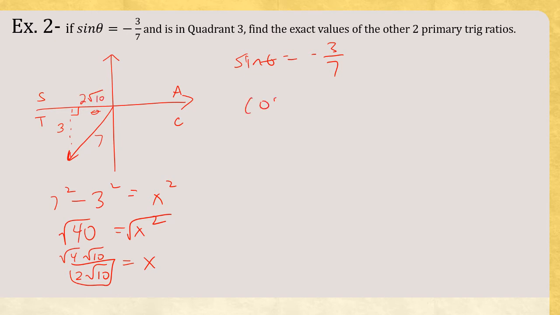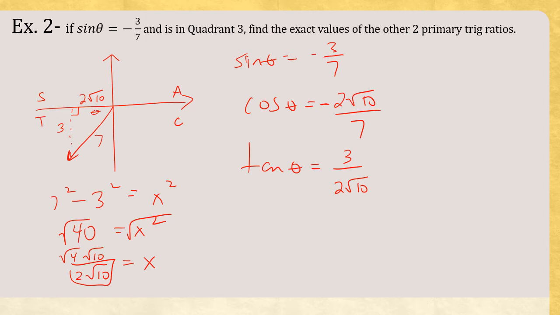Okay, so now we're ready for cos theta, which is adjacent over hypotenuse, or x over r, 2 root 10 over 7. Based off the CAST rule, that triangle's in the third quadrant, only tan is positive, so that's negative. Tan theta is opposite over adjacent, or y over x, so 3 over 2 root 10.